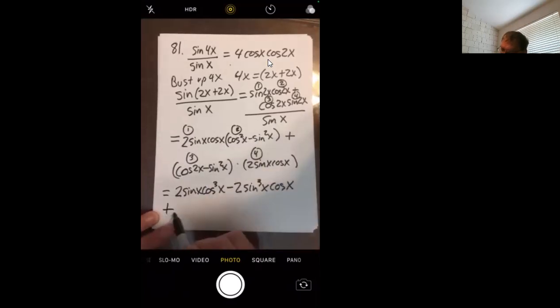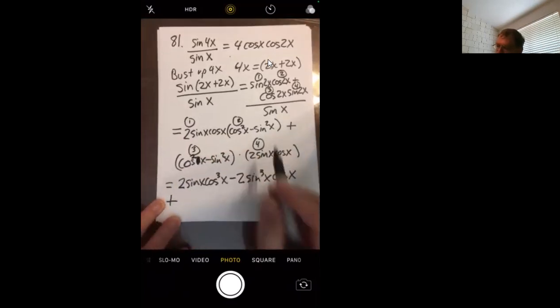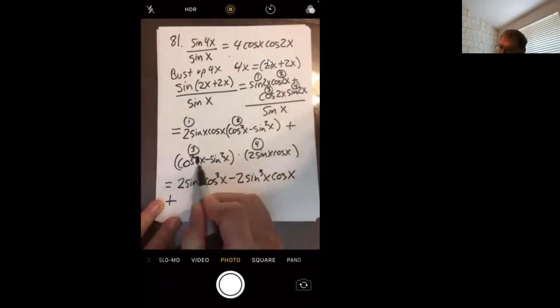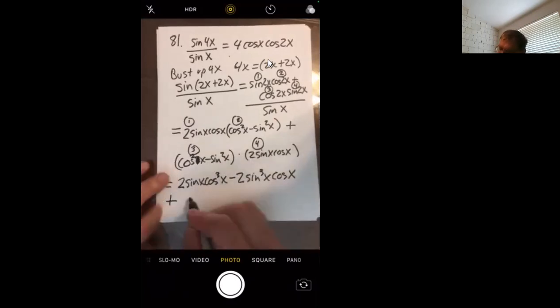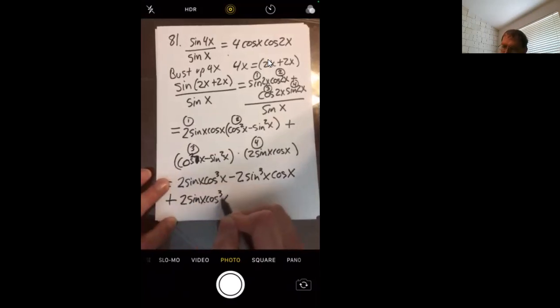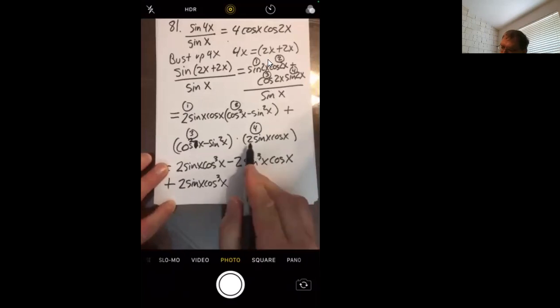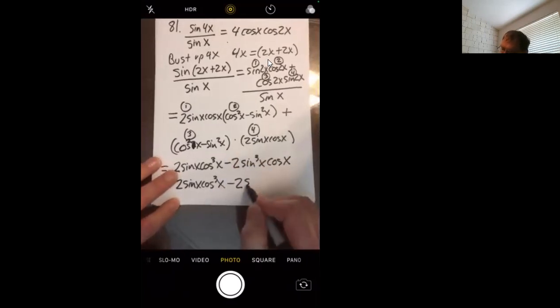Add, that's a cosine squared, sorry about that. Cosine of 2x is cosine squared minus sine squared. So you're going twice sine and then cosine cubed, and then minus twice sine cubed cosine.